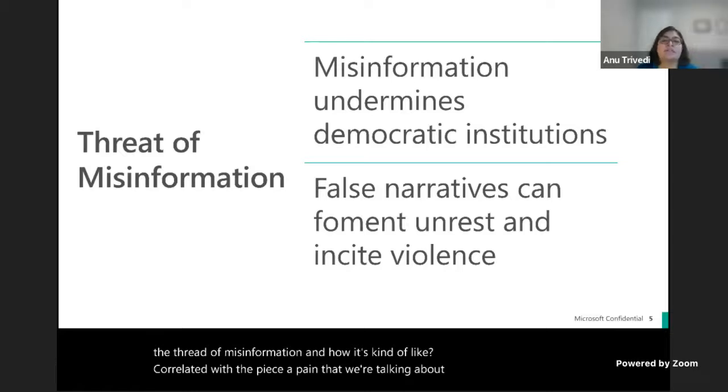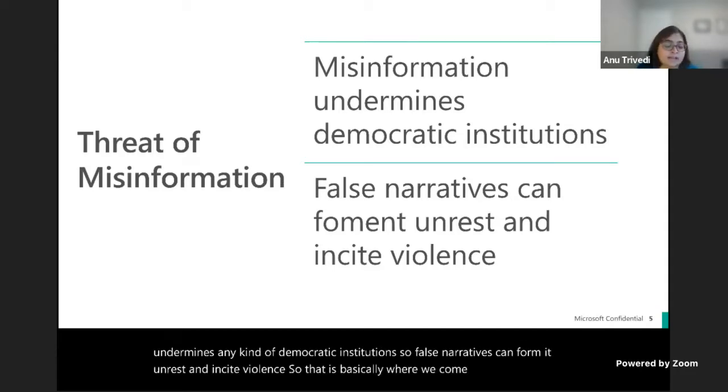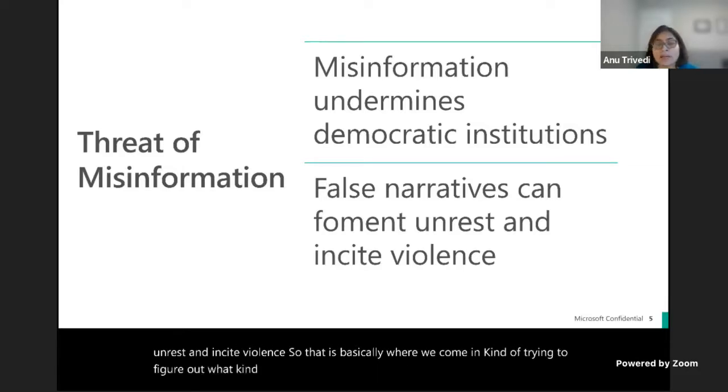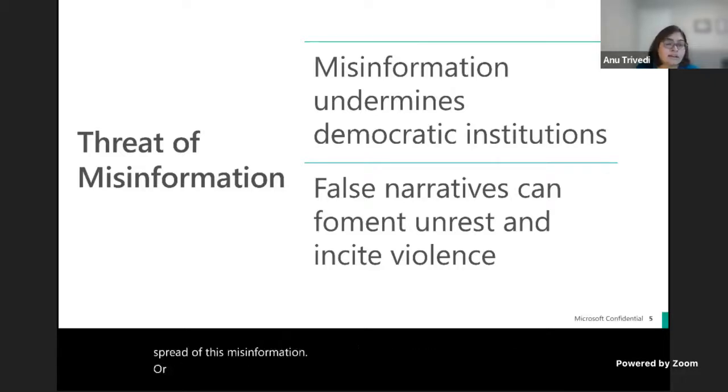Misinformation undermines any kind of democratic institutions. False narratives can foment unrest and incite violence. So that is where we come in, trying to figure out what kind of misinformation spread can lead to political or any other unrest and incite violence, and how we can stop the virality of this misinformation before it even reaches that violence level.